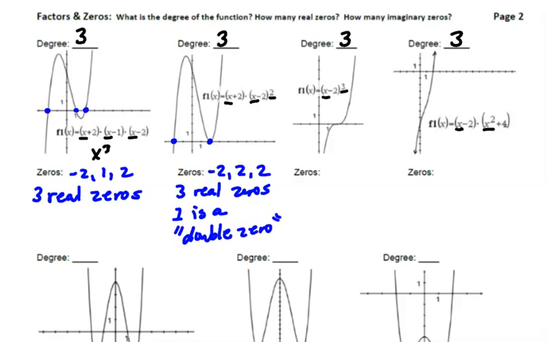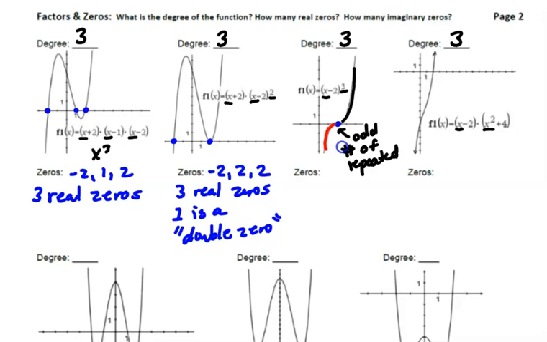When we go to the third one, we see that we have a triple zero. When the graph changes from being concave down to concave up right here on the x-axis, that means we have a zero that repeats an odd number of times.